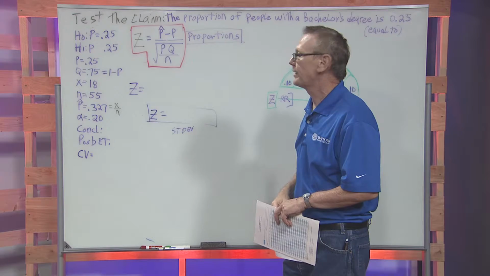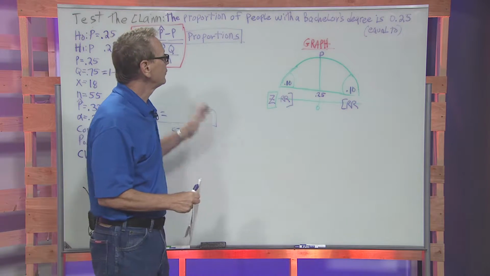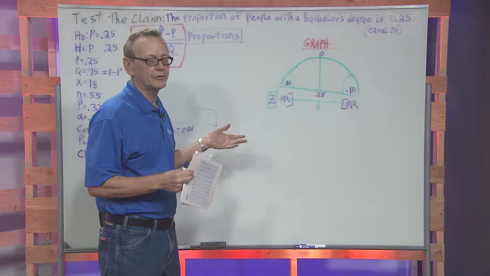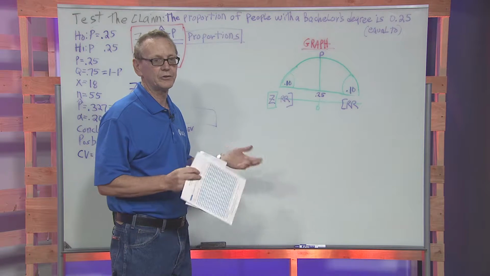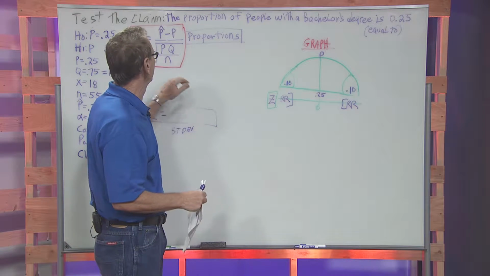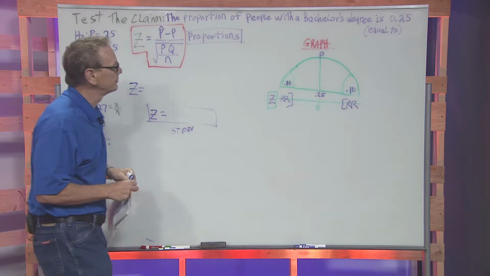Okay, let's take a look at our problem. You'll find these are very similar to t-test and sigma known and sigma unknown, sigma known being the z, unknown being the t. Proportion is typically your third type of hypothesis test.